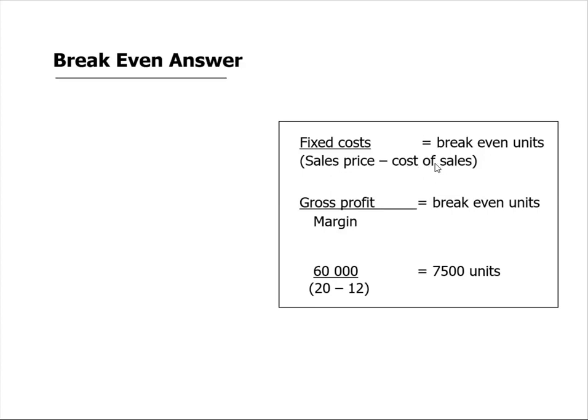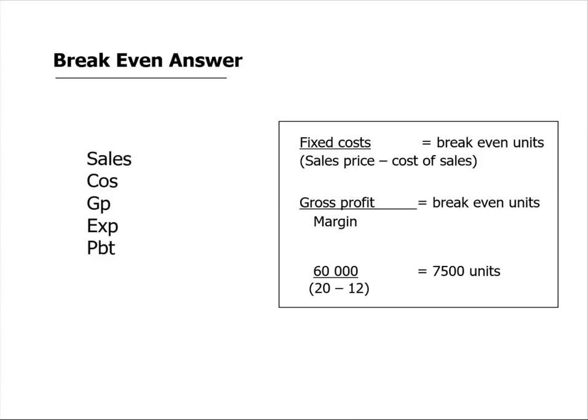So you could rewrite this if you wanted to as gross profit margin, which is the same thing as what I have written in here. So in other words, at the point of break-even, the fixed costs and the gross profit are actually equal to each other. So let me show you how that shows up in the income statement.